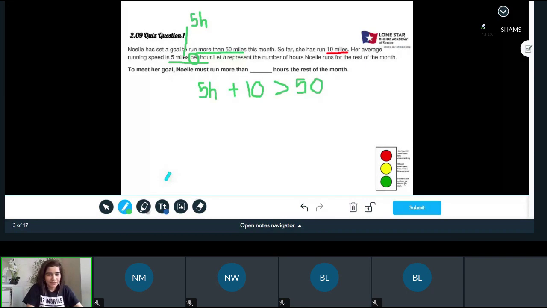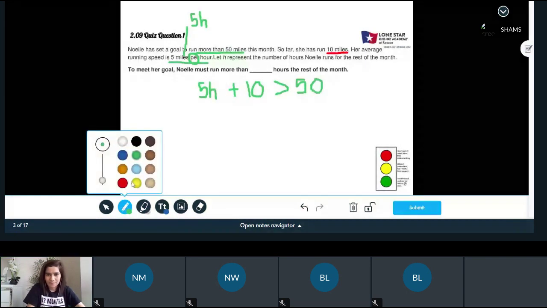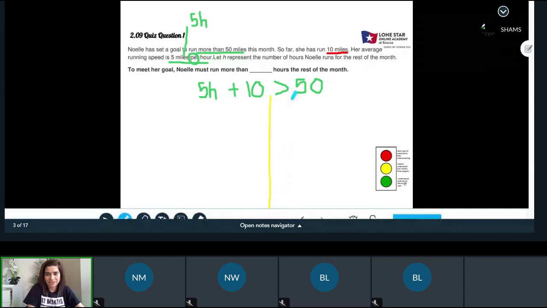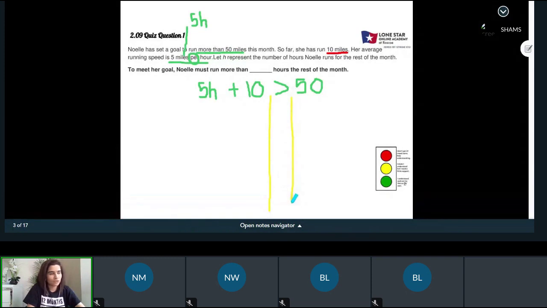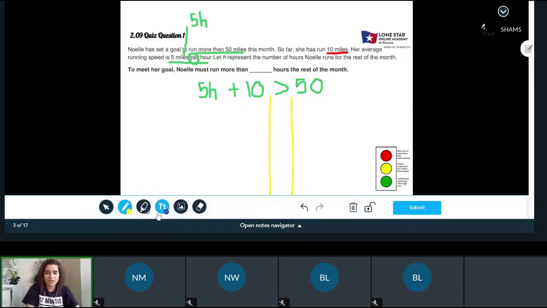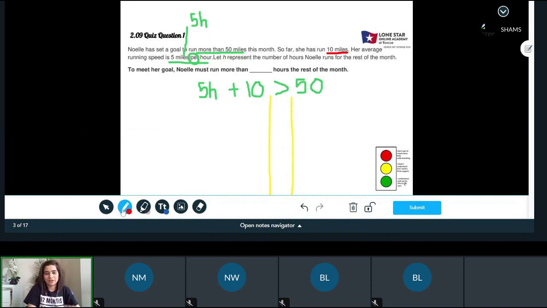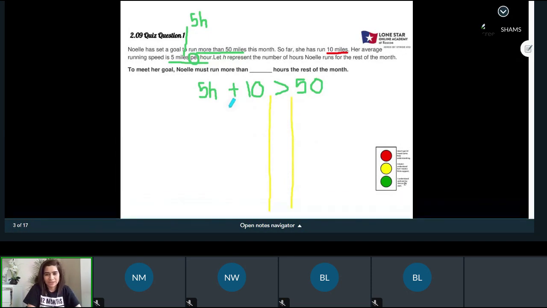Okay, go ahead. We will solve it. I'm going to divide it into 2 equal sections. So what I do to one side, I will also do to the other, so I can keep the balance. In this one, I will get rid of my constant. The constant says plus 10. To undo that, I will take away 10 from both sides.